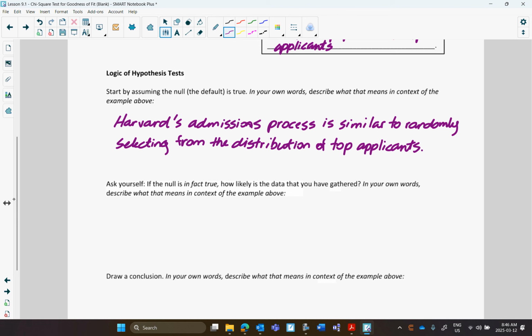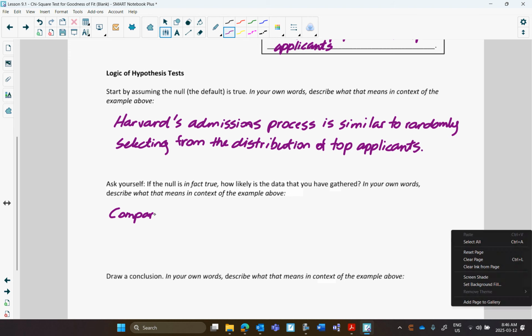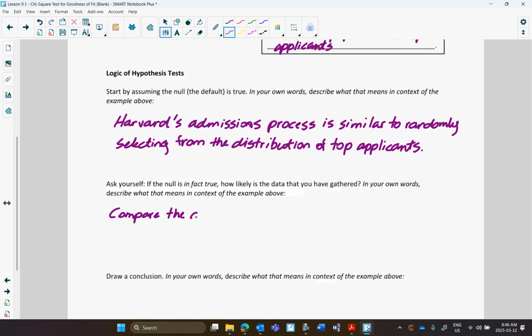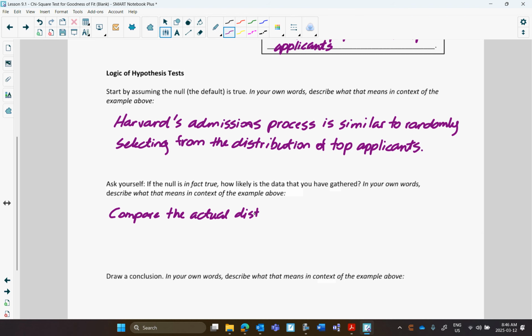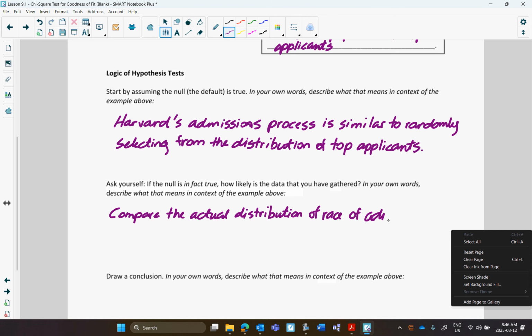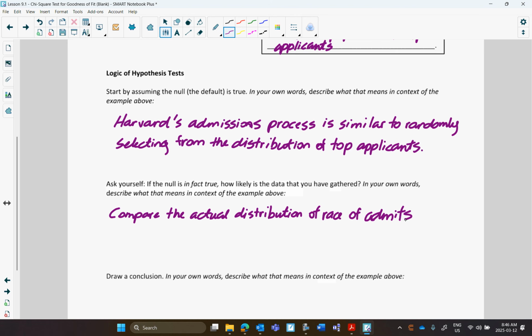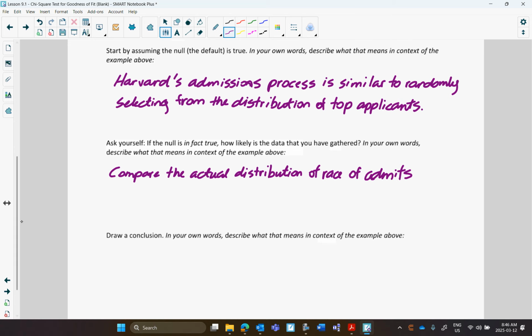So what we need to do is compare the actual distribution, and by distribution I mean race of the students that were admitted, or we'll just call them admits, to the population distribution of applicants.